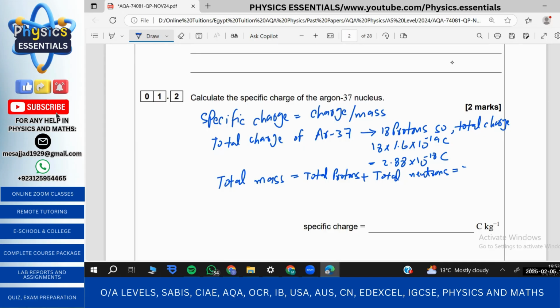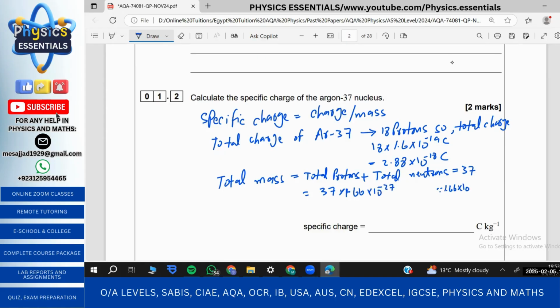Or simply we will say it is 37, and the mass of one proton or neutron can be considered as 1.66 times 10 to the power minus 27 kg. So we will just write 37 times 1.66 times 10 to the power minus 27.